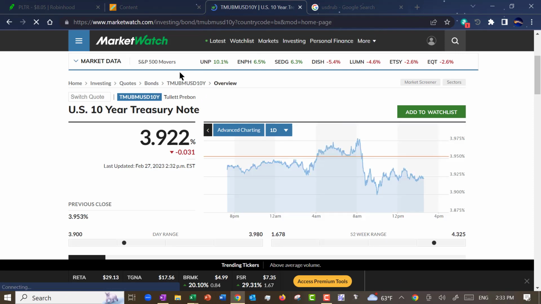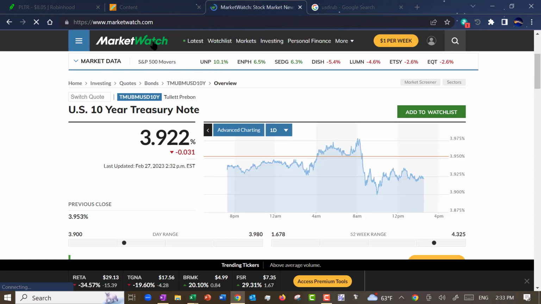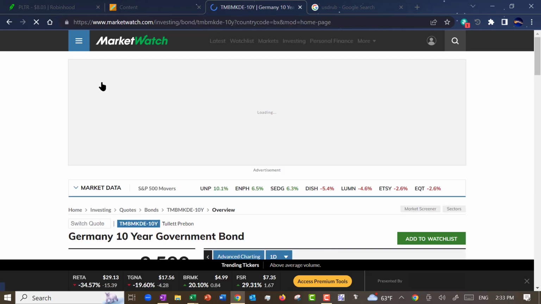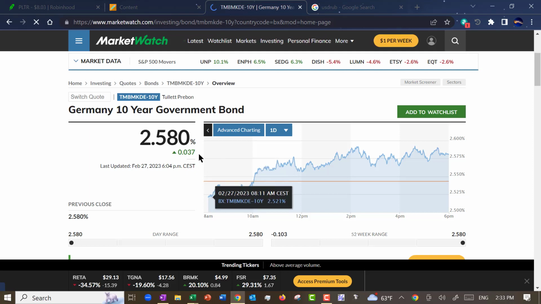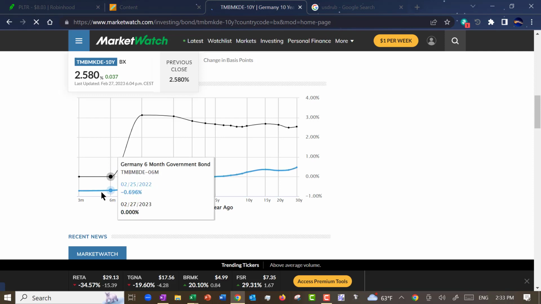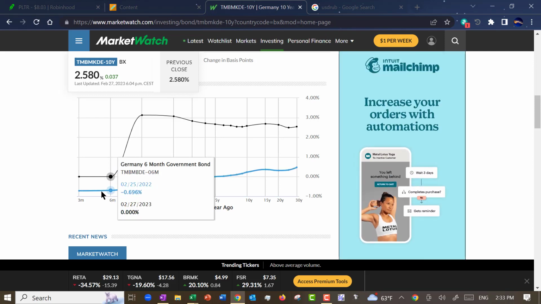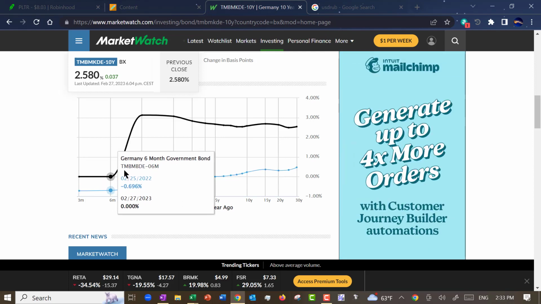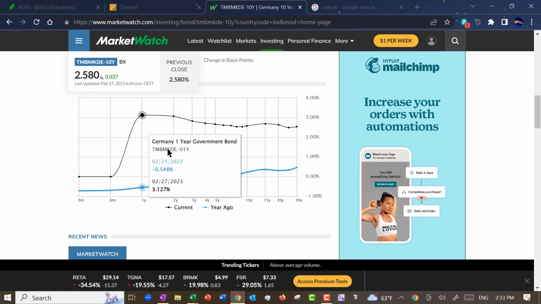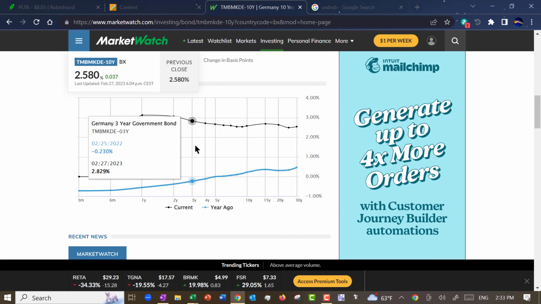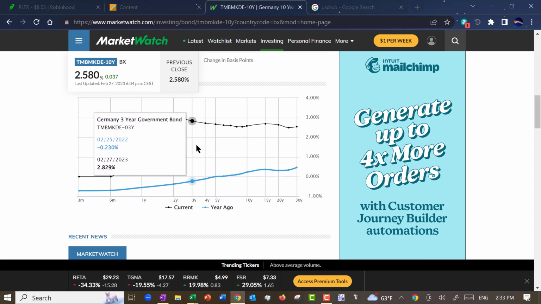I mean, their 10-year bond is 258, but let's look at their, I mean, right now it's 0, but 1 year ago, a 3-year German government bond actually had a negative yield of 0.23%.